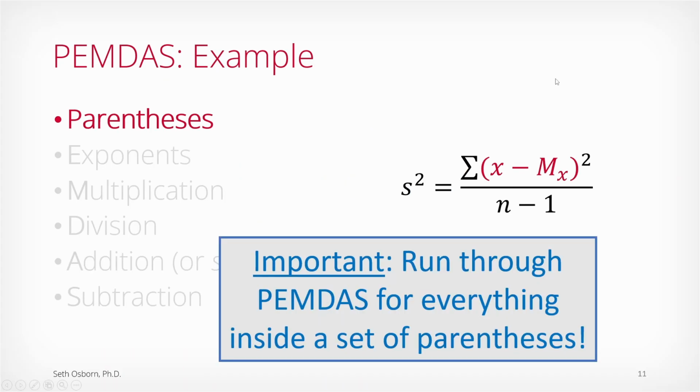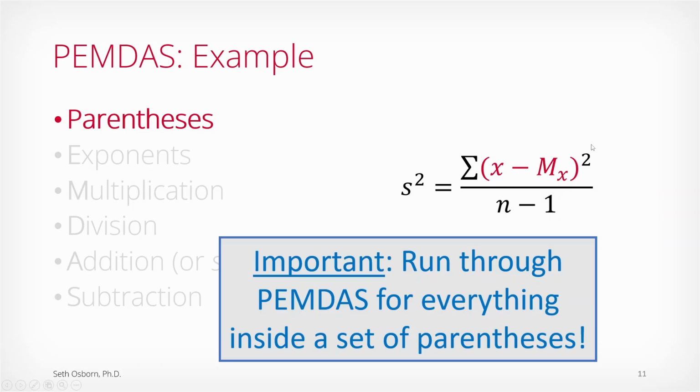Here's the key thing to understand. In this case, there's only one operation to do inside the parentheses, which is subtraction. But when you see parentheses, that means do all of these in order, PEMDAS, for whatever's inside the parentheses. So it's sort of like this hierarchical thing. If there were exponents inside of these parentheses, we'd have to do that before we did the subtraction.